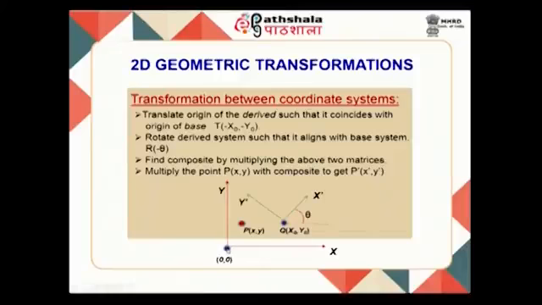So, translate the origin x naught, y naught of the derived coordinate system such that it coincides with the origin, first step. Second step, align the x dash direction with the x direction and the y dash direction with the y direction. How do we align that? By rotation, but now this is a clockwise rotation. We know that rotations in clockwise order are negative. So, that is why the second step is R of minus theta.